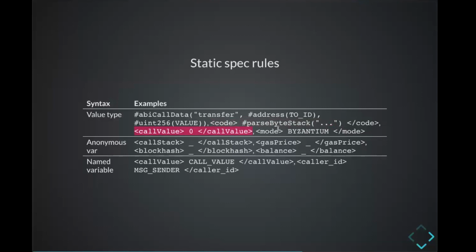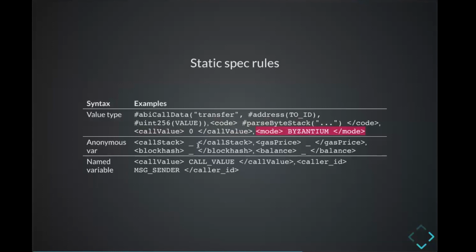Another example would be where we want to specify a mode for the execution, which is essentially the EVM version that we want to use. So in this case, we're using the latest version. You can also put in anonymous variables. What that means is that we actually don't care what is in that cell.